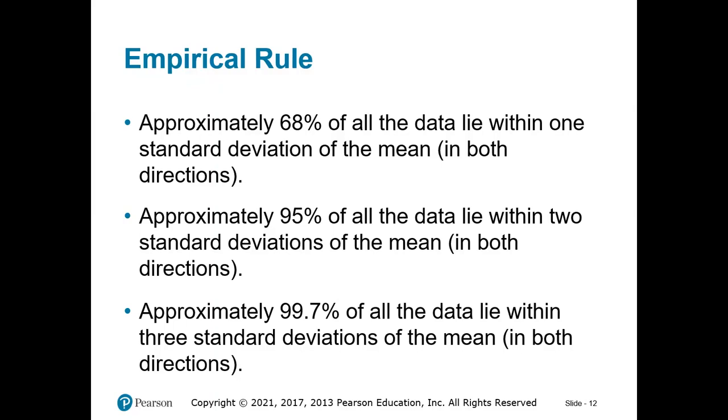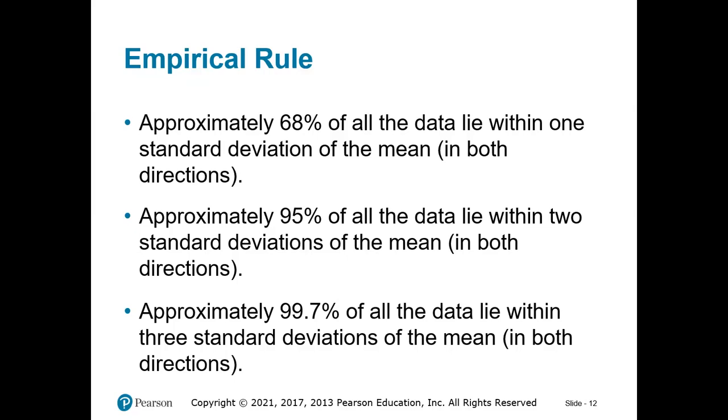And 95% of all the data lies within 2 standard deviations of the mean. If you have the mean and you add 2 standard deviations, in the example I just gave you, the standard deviation is 1 and the mean is 5, 5 plus 1 plus 1 is 7, and 5 minus 1 minus 1 is 3. So you have 95% of the data between 3 and 7.